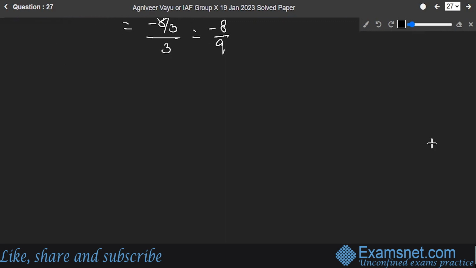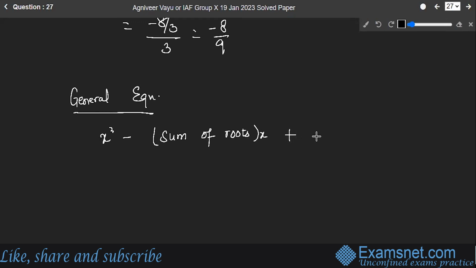Now, if you have the roots, the general equation for making the equation from the roots will be given by x square minus sum of roots into x plus product of the roots is equal to 0.